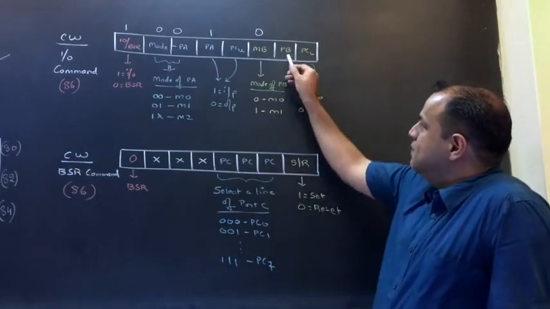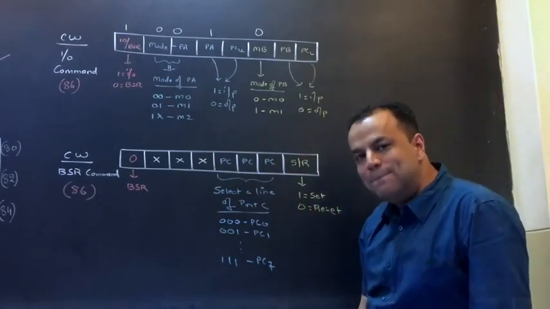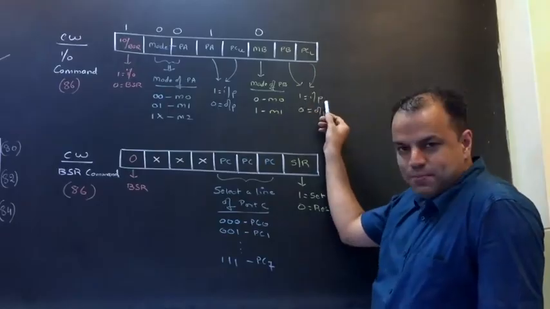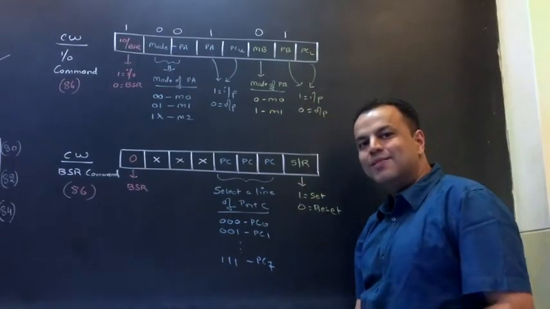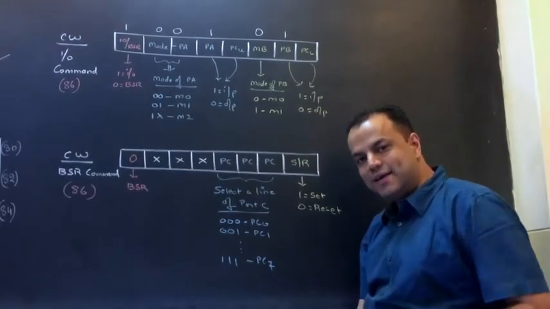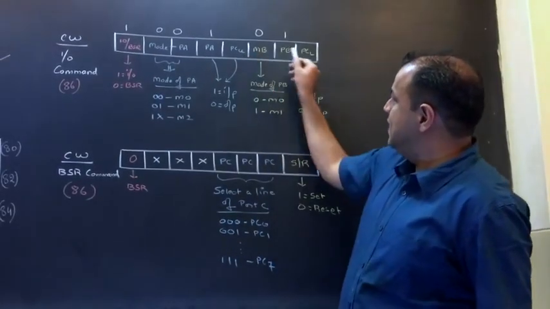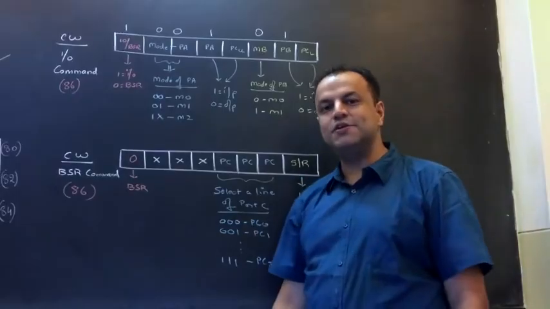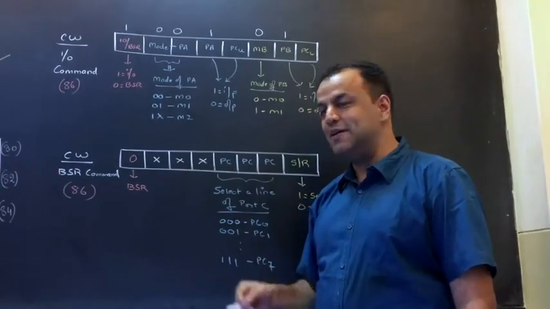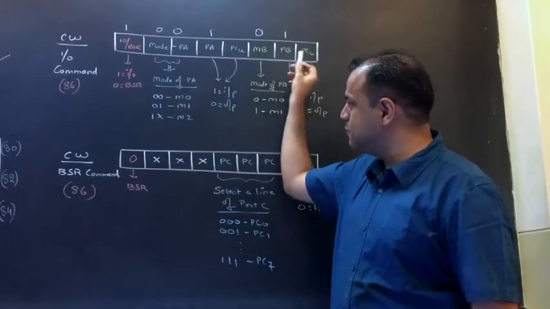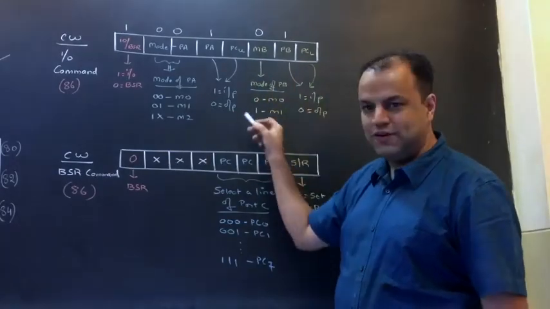Similarly, this bit tells the direction of port B. 1 input, 0 output. So again, if I keep this bit 1, that means port B again is an input port. This bit and this bit decide the direction of port C upper and lower respectively. This is for port C upper, this is for port C lower. 1 means input, 0 means output.